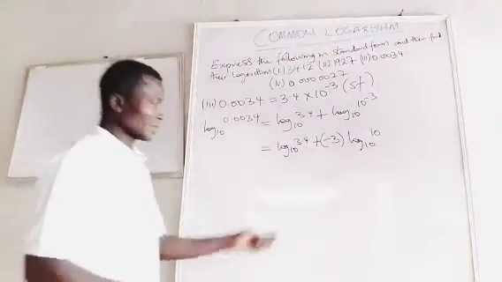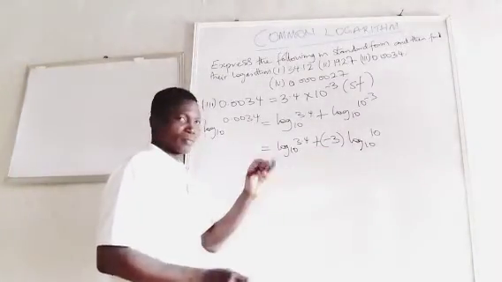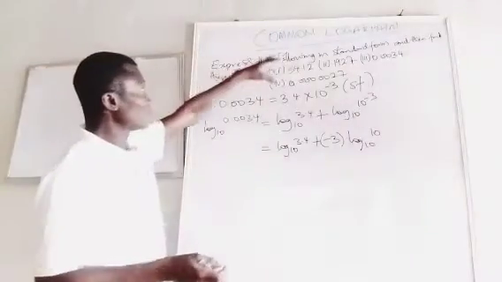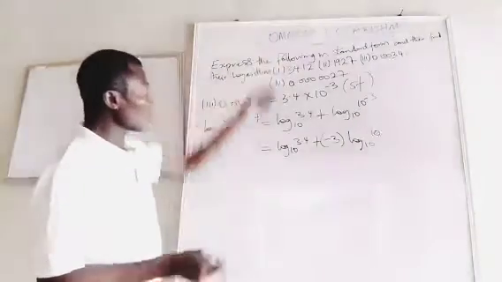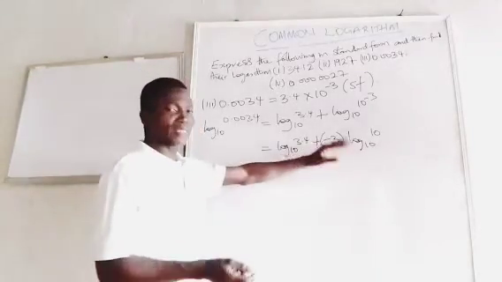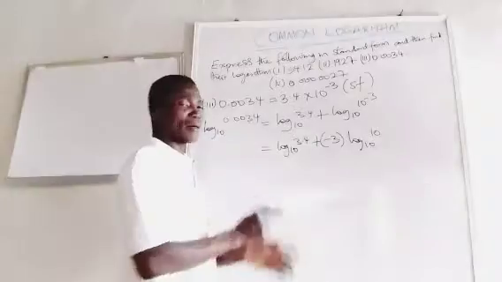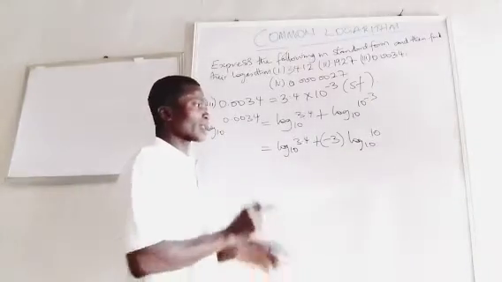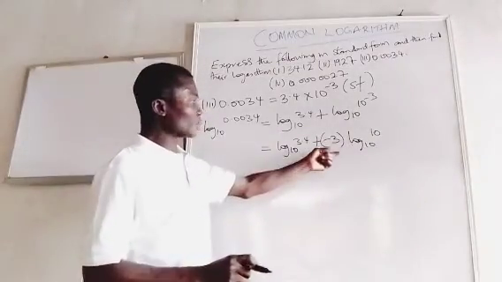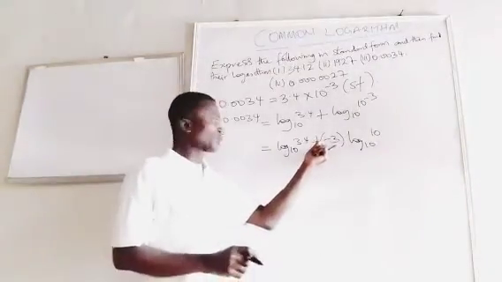Please take note, this is a peculiar situation. That's part of the reason we are using base 10, studying common logarithm. When you have the powers of 10 like this, please don't tamper with it throughout the calculation. So when we are doing something like this, we don't put it as minus 3.